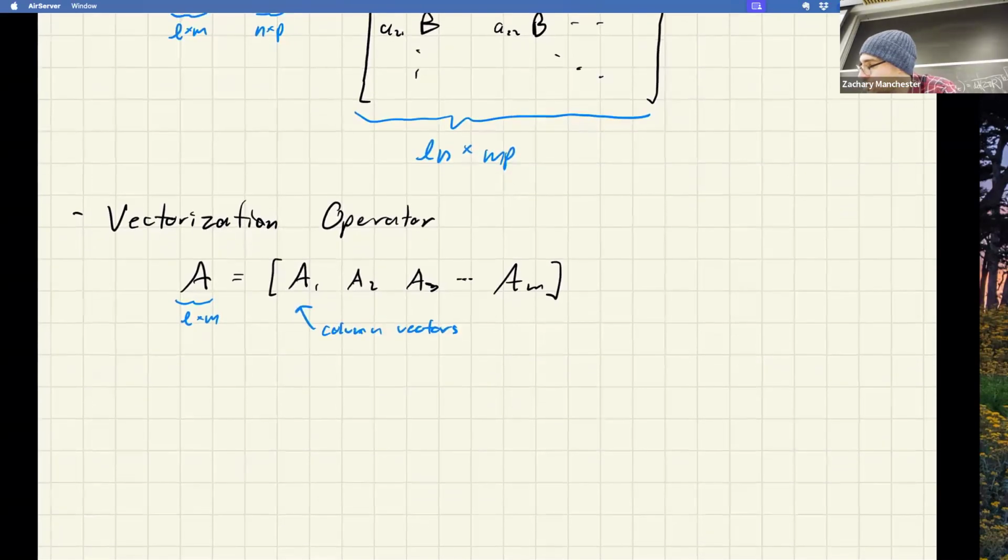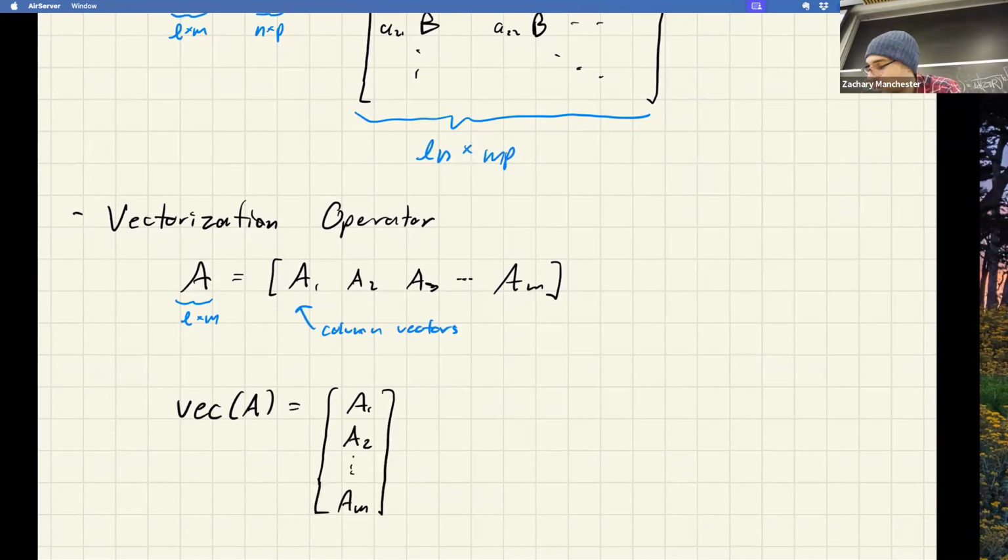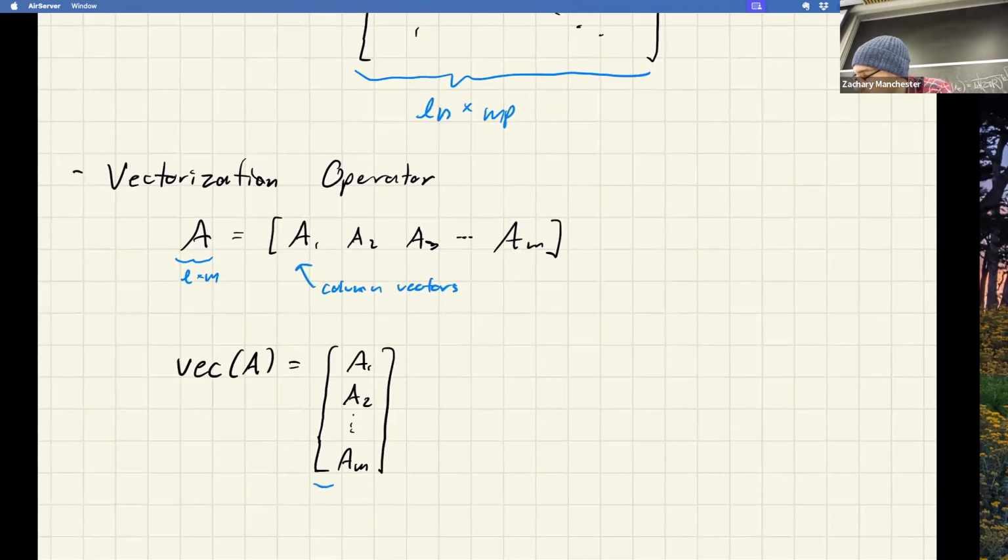of this guy. And so we define this vec operator. So vec of A just takes all the columns of that A matrix and stacks them in a big vector. And this guy then is Lm by 1.